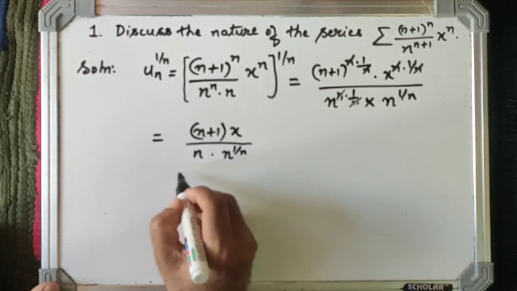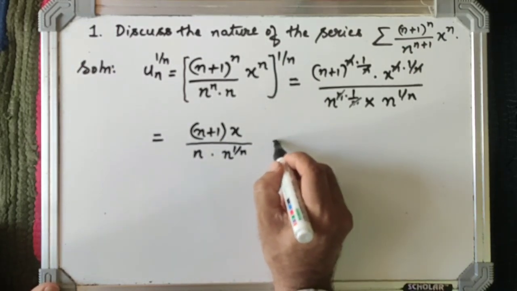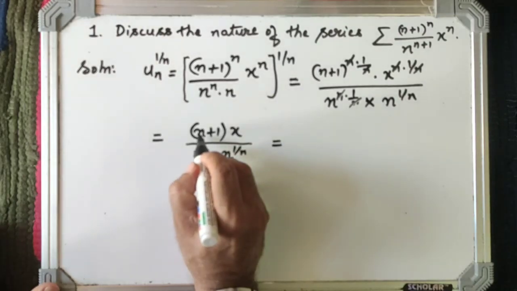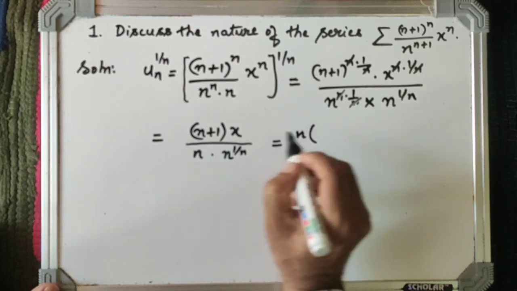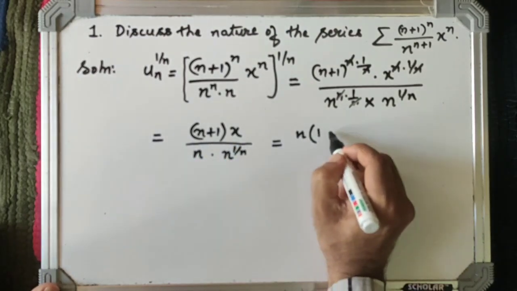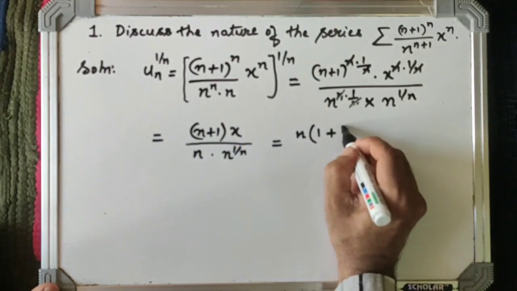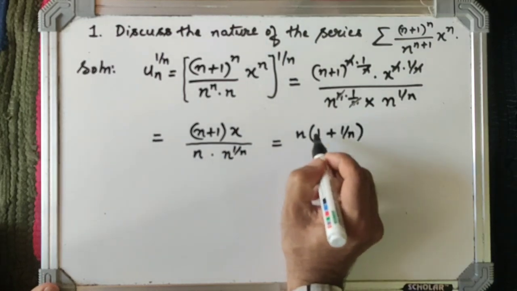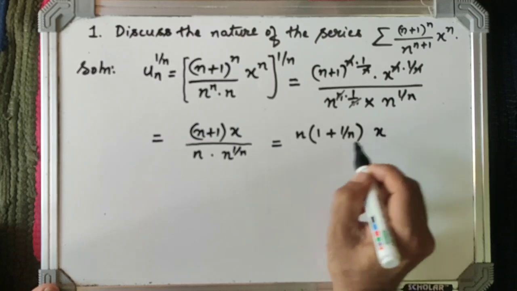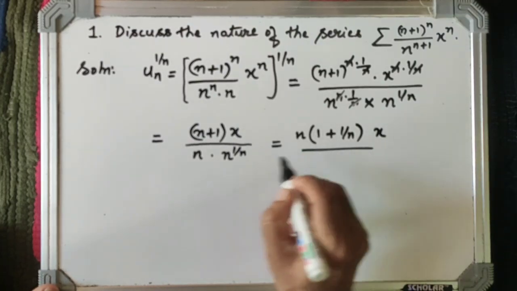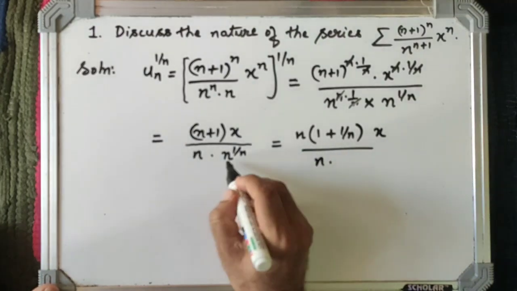So we will get this much. Here if I simplify this, I take n common outside from this bracket, so n into 1 plus 1 by n. n into 1 by n is 1, into x, divided by n into n power 1 by n.